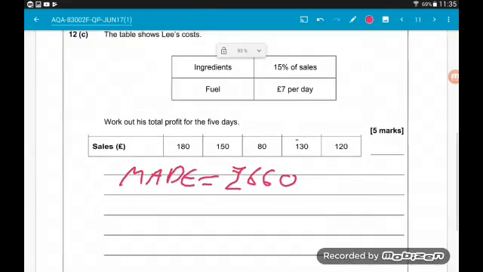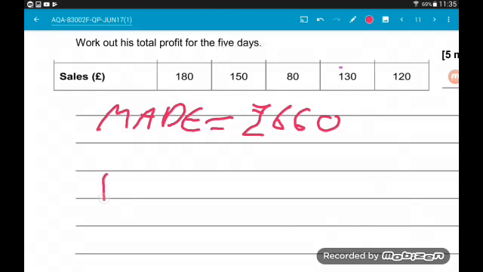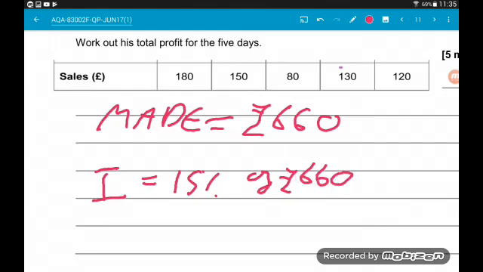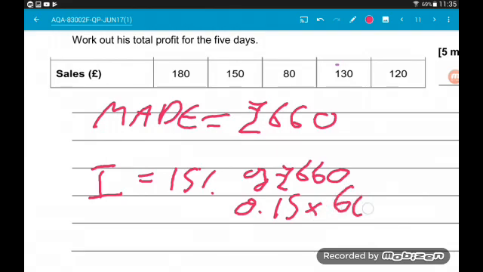So now we can work out the cost of the ingredients. So the ingredients cost him 15% of £660. So on your calculator you can do 0.15 times 660.